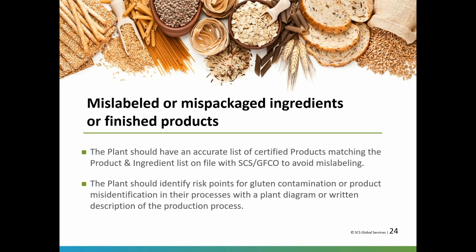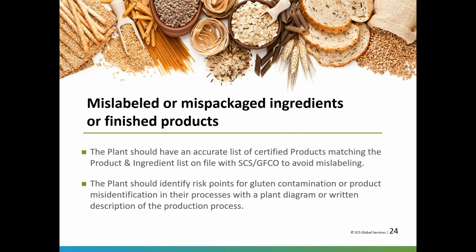Mislabeling and mispackaging of ingredients or finished products is also a big potential source of cross-contamination. So the plant should always have an accurate list of certified products matching the product ingredient list on file with SCS and GFCO to avoid mislabeling.